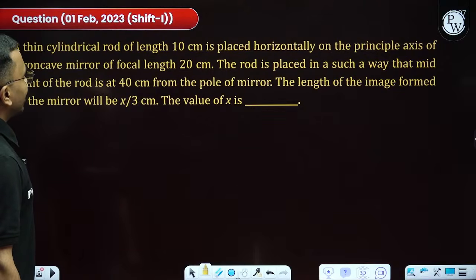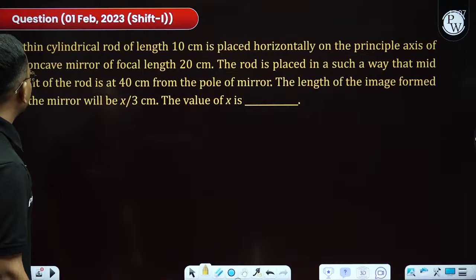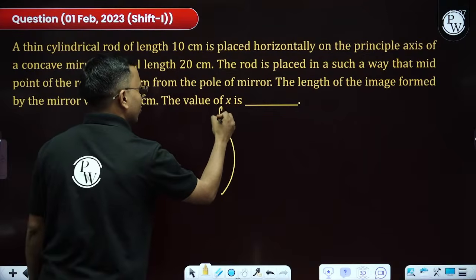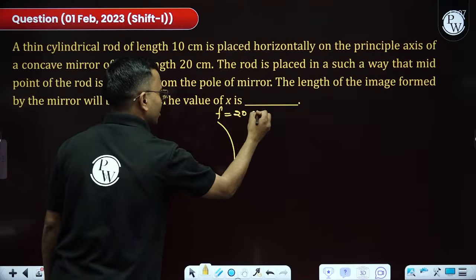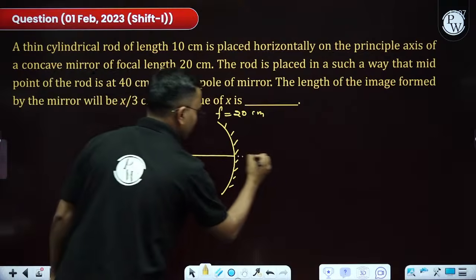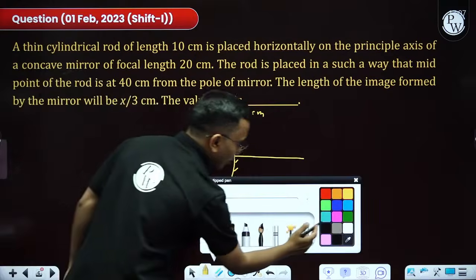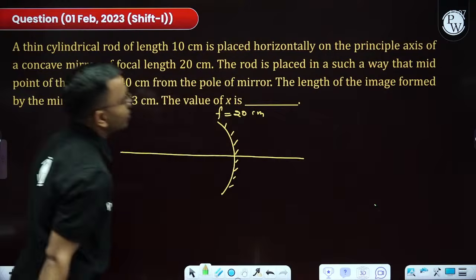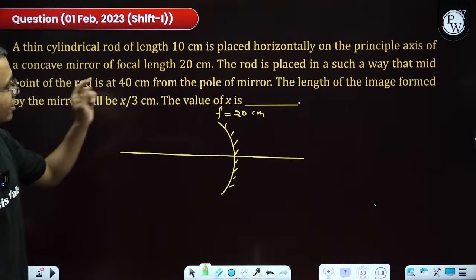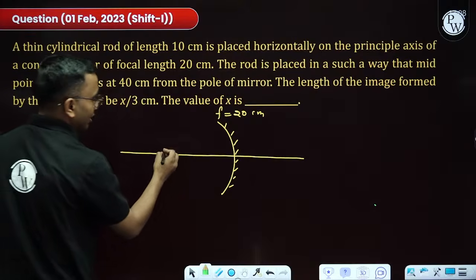A thin cylindrical rod of length 10 centimeter is placed horizontally on the principal axis of a concave mirror of focal length 20 centimeter. So this is a concave mirror of focal length 20 centimeter, and this is the principal axis. Now the rod is placed in such a way that the midpoint of the rod is at 40 centimeter.